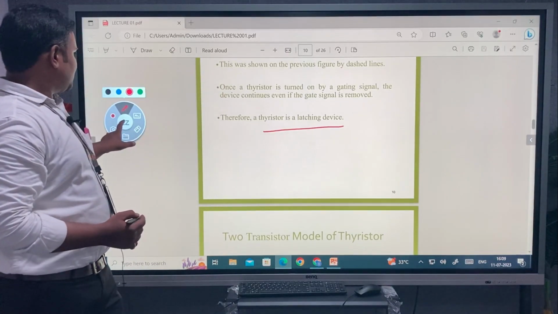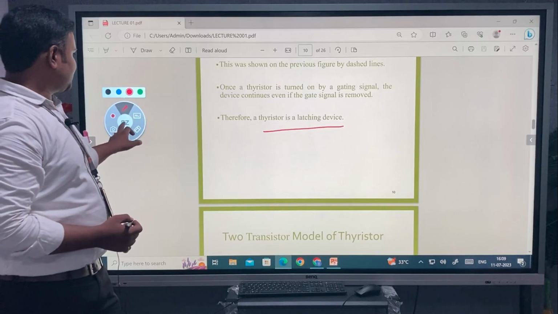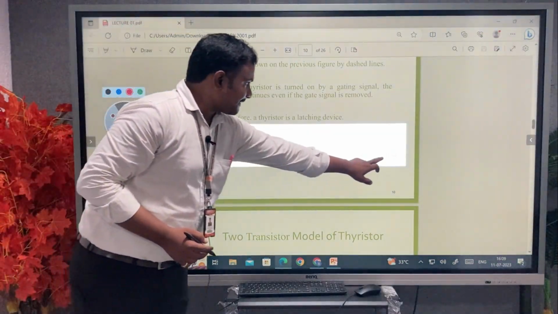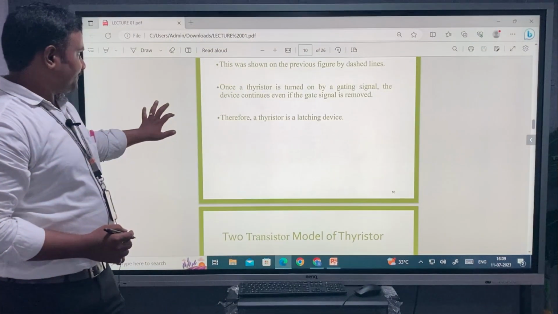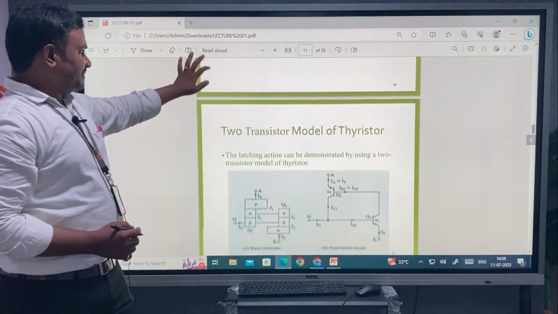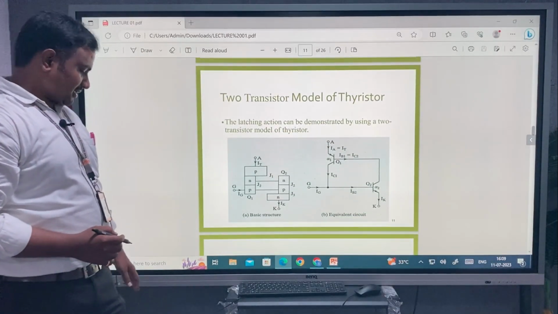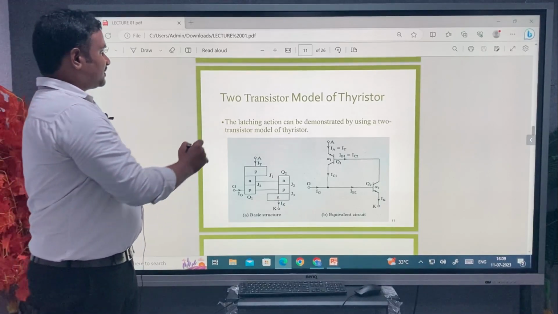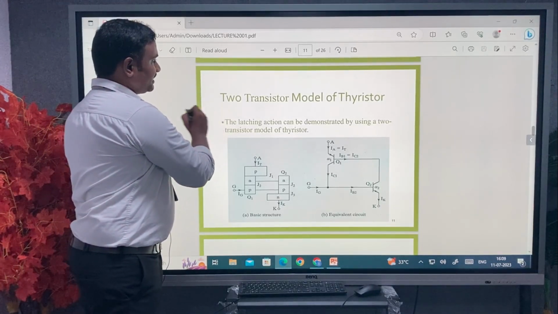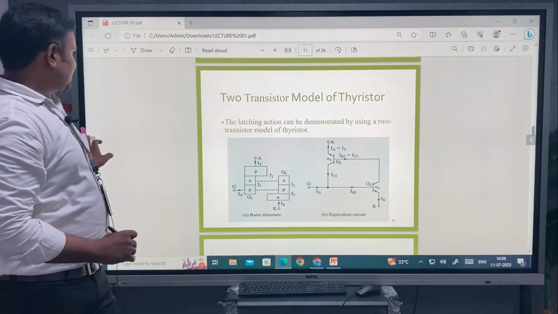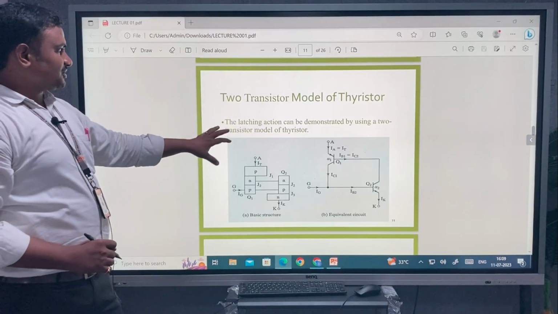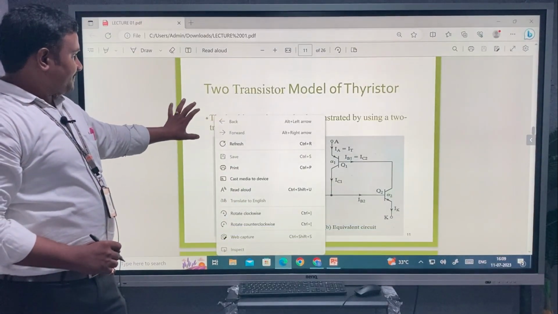So this is about the modes of operation of the thyristors. The same can be explained by using the two transistor model of thyristors. Here the latching action can be demonstrated by using the two transistor model.